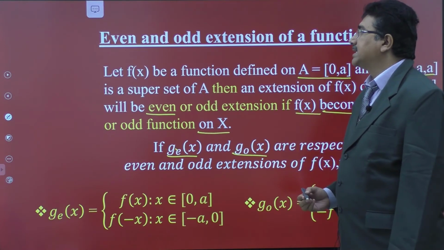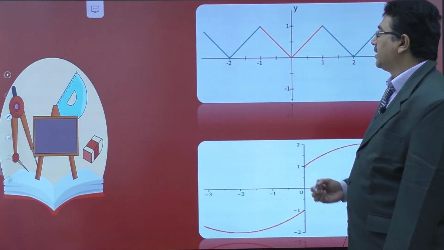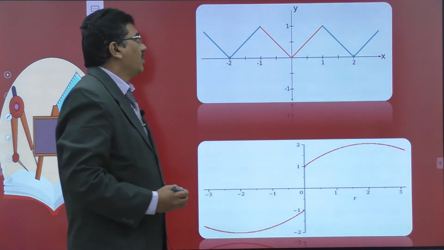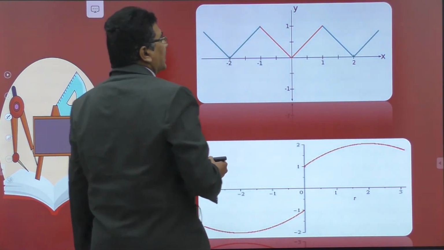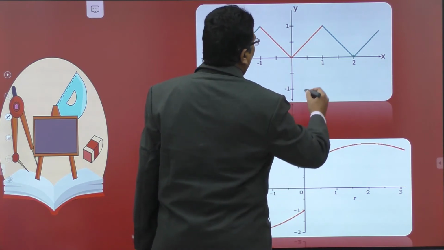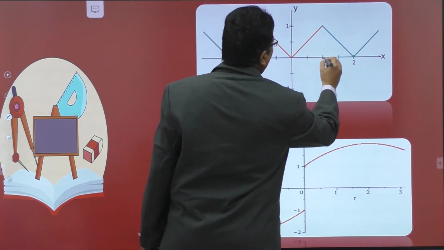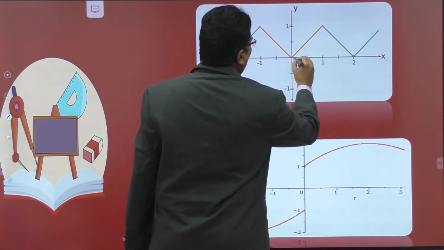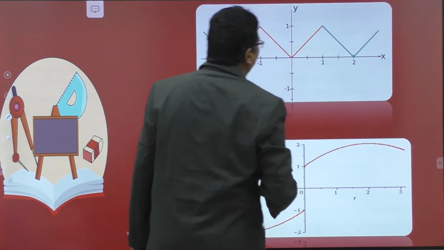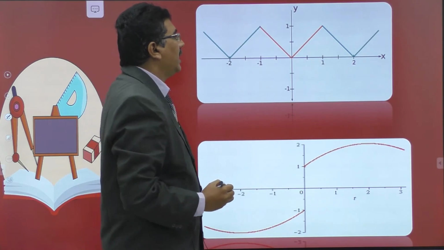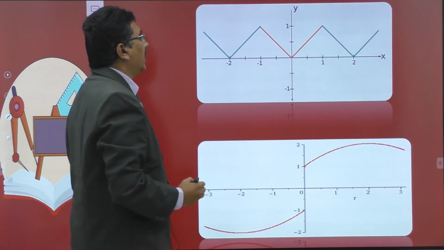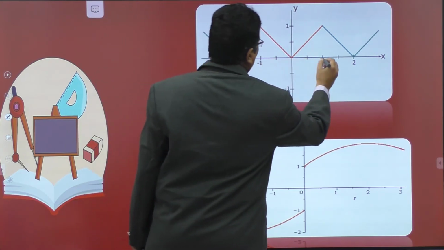Now see one example. Now the graph, observe that this is a function defined on closed interval 0 comma 1. Now we extend the function to closed interval minus 1 comma 1.